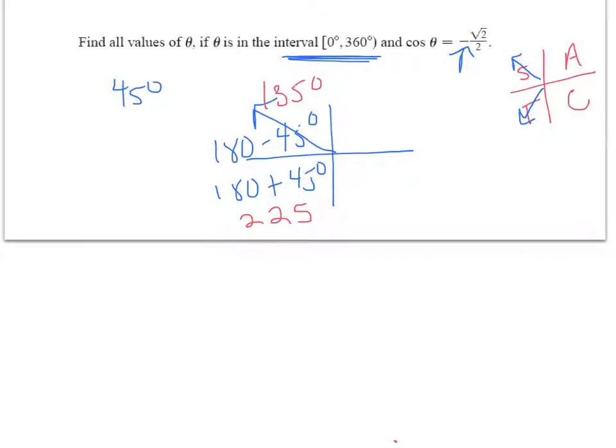So our answer is, all of our values are 135 and 225, for anything that has cosine negative square root of 2/2. This ends our chapter 2.2 of Math 113.